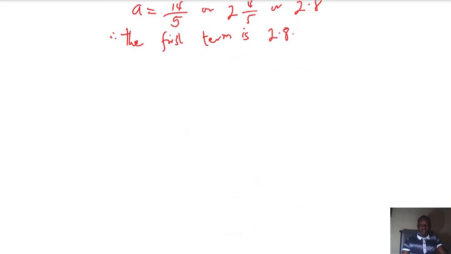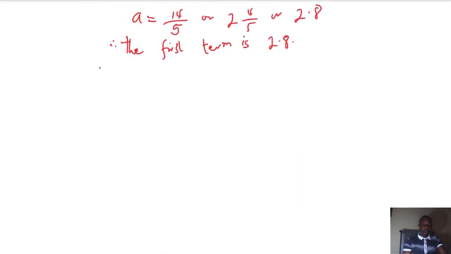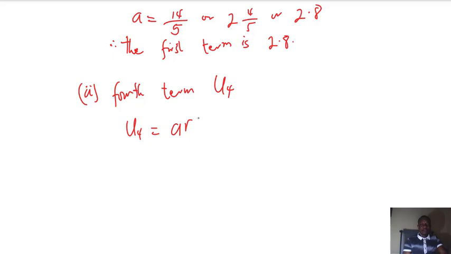Okay, so the second part of the question says that we should find the fourth term. So here, part (ii), the fourth term, which is U4. And U4 is equal to AR exponent 3. So U4 will be equal to, what is A? We have it to be 14 over 5 times, and the R is what? 4. So 4 cubed.